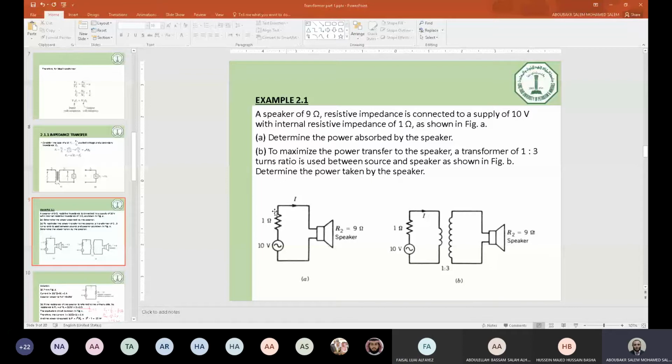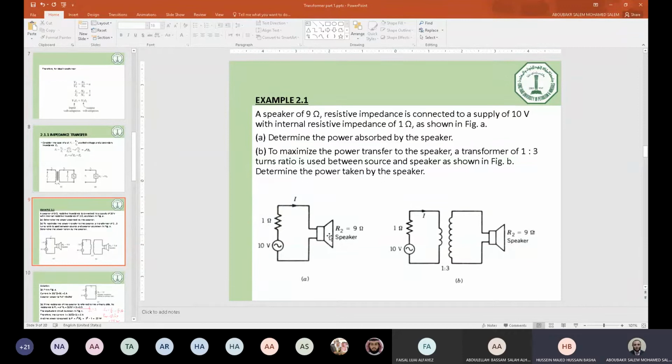This is all. So simply we can say that I equals 10 divided by the summation of resistances. So 10 over 10 equals 1 ampere. The resistance now is 9 ohms, so the power will be I squared R, which is 9 watts. So without the transformer, the power absorbed is 9 watts. How do you determine the current, doctor?